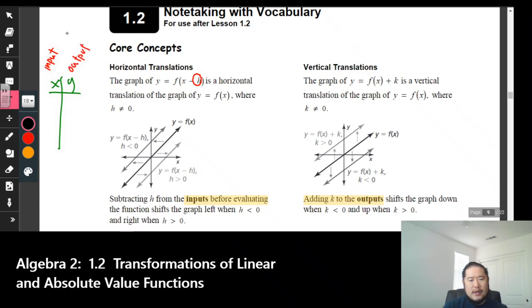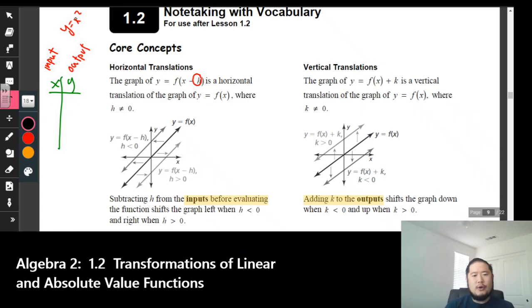So if you have an equation like y is equal to x squared, and you started plugging in numbers for x, the results would be your output. If I plugged in 1 for x, the output would be 1 for y. If I plugged in 2 for x, so 2 squared, then your output would be 4. So that's the input and output.